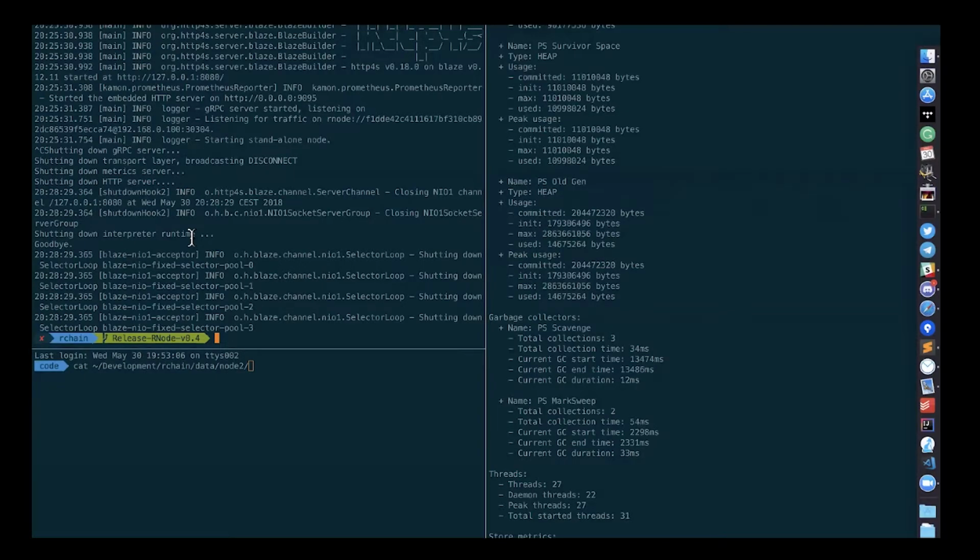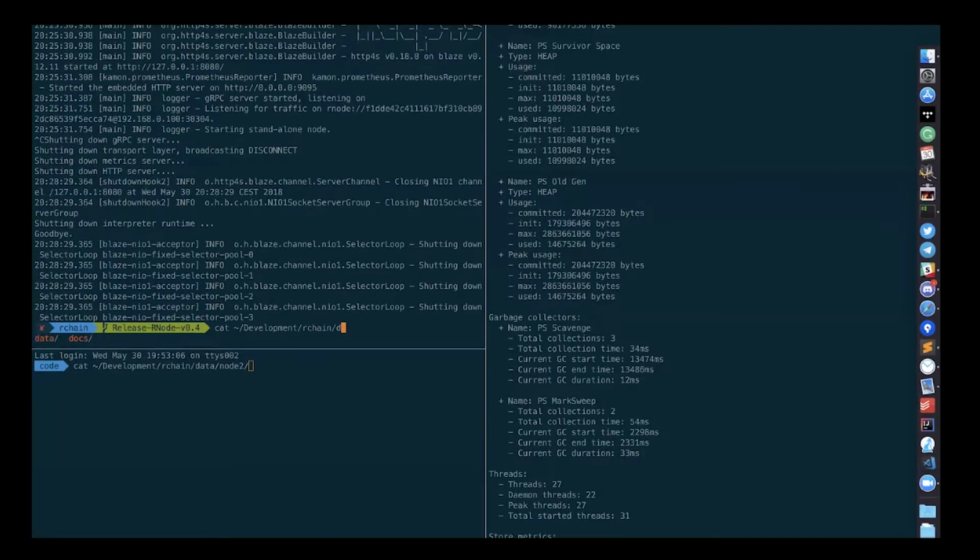But it's there. Let's take cat. What is it? Development, RChain data, node one, node certificate PEM, right?